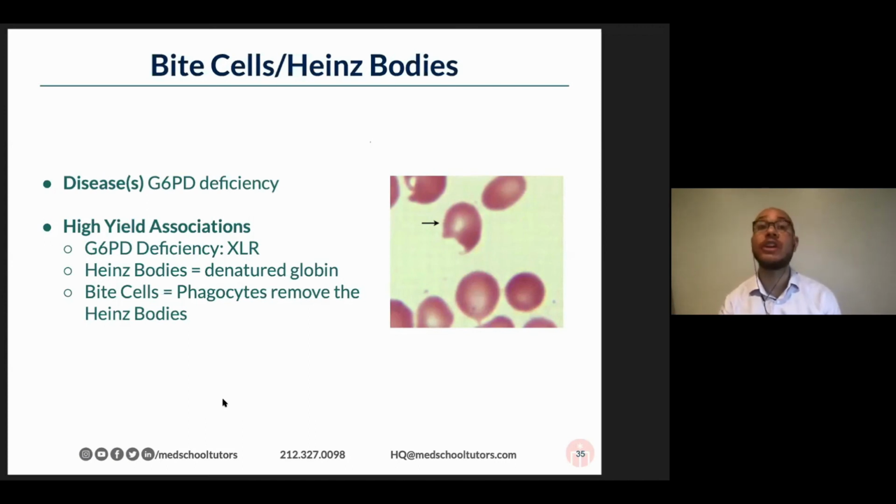Or you get a really suggestive history of a potential exposure to an E. coli that would lead to hemolytic uremic syndrome. The vignette, the story will be hugely important in helping you get to the right diagnosis. The image just helps you get across the finish line, giving you confidence that you've got the right diagnosis. And of course, you have the immune cells taking literal bites out of these cells, giving them that very classic appearance.